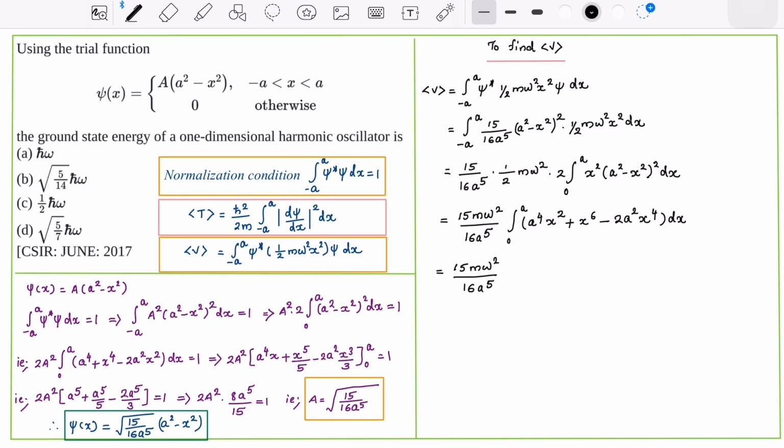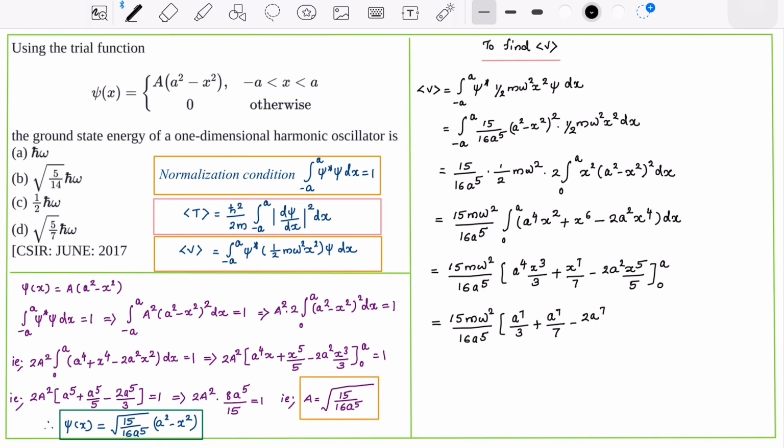Now let us integrate the terms: a⁴x³/3 + x⁷/7 − 2a²x⁵/5 within the limits from 0 to a. This is equal to 15 m omega squared by 16a⁵ times a⁷/3 + a⁷/7 − 2a⁷/5.